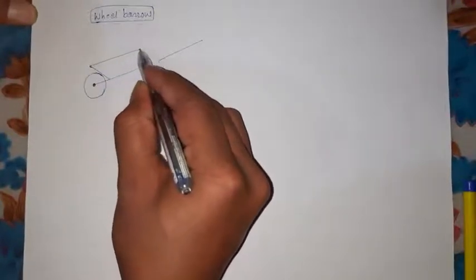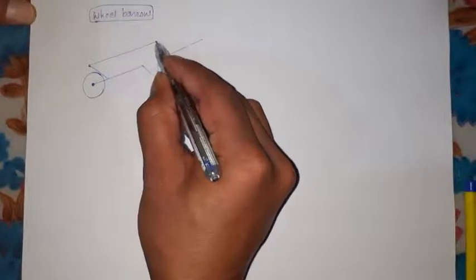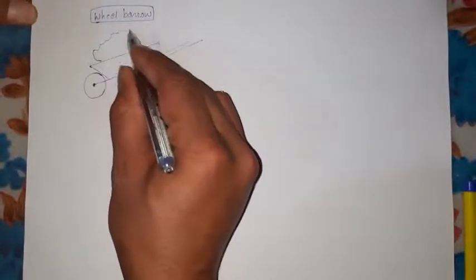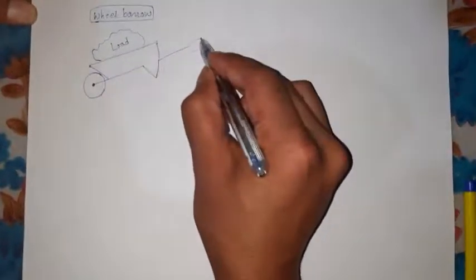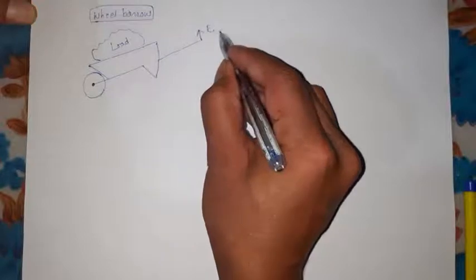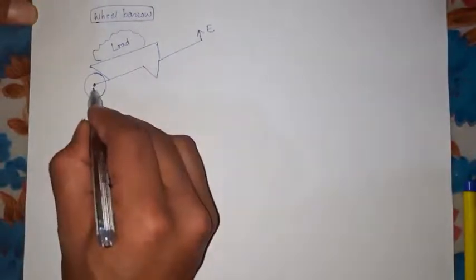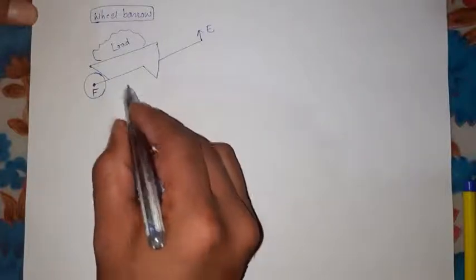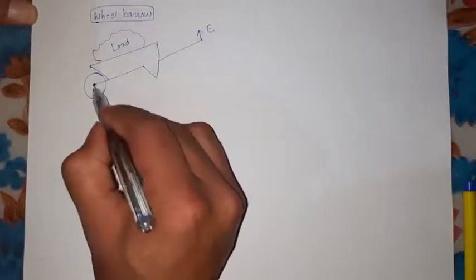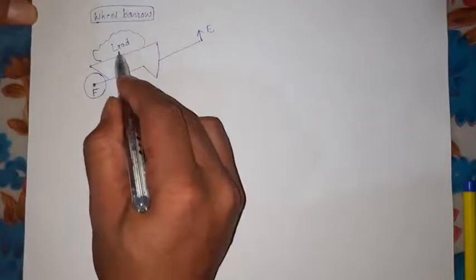So here is the load, and here the force is applied, it is the effort at this point. And this point is the fulcrum. So students, you will note that the load lies between the fulcrum and the effort. So this is of which class of lever?